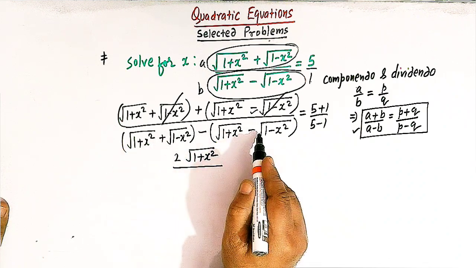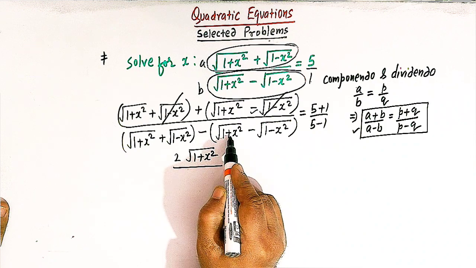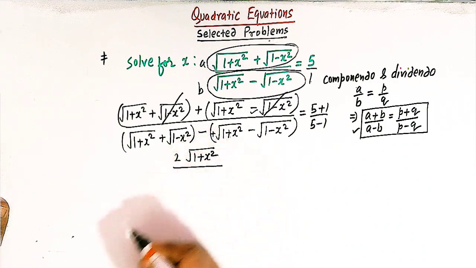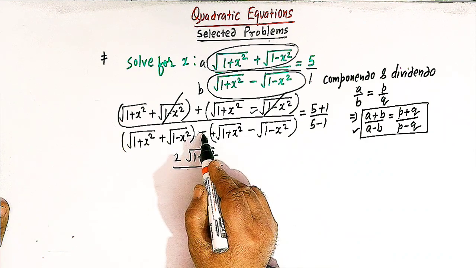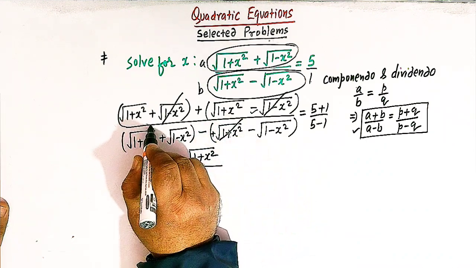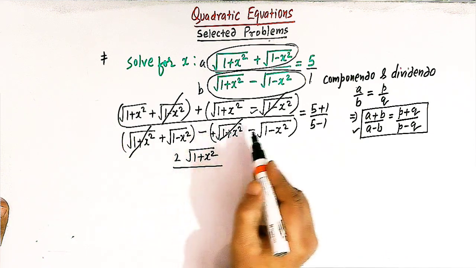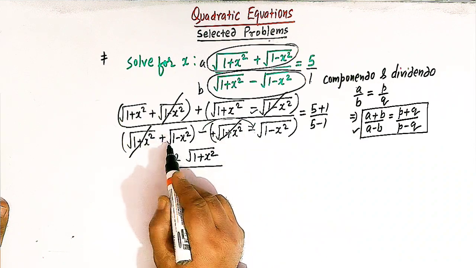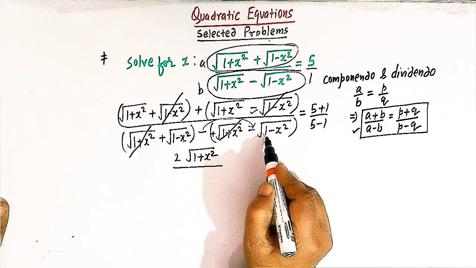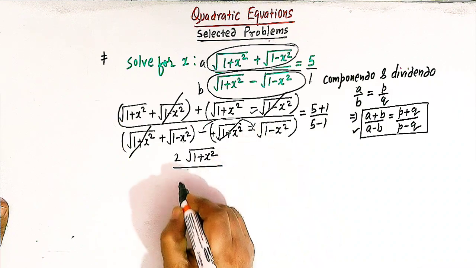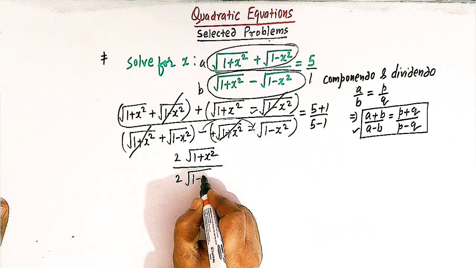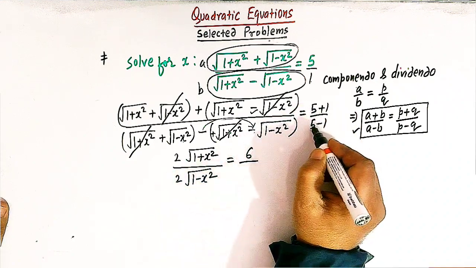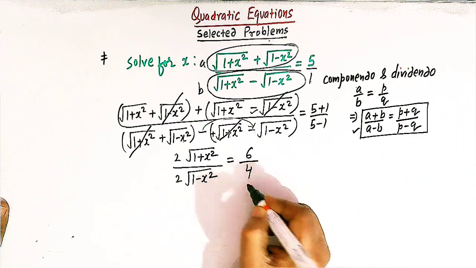In the denominator, when we multiply by the negative sign, we have minus plus minus. So these two terms get cancelled, and minus becomes positive. So we have square root of 1 minus x square plus square root of 1 minus x square, which is 2 times square root of 1 minus x square. And here we have 5 plus 1 is 6, and 5 minus 1 is 4, right?